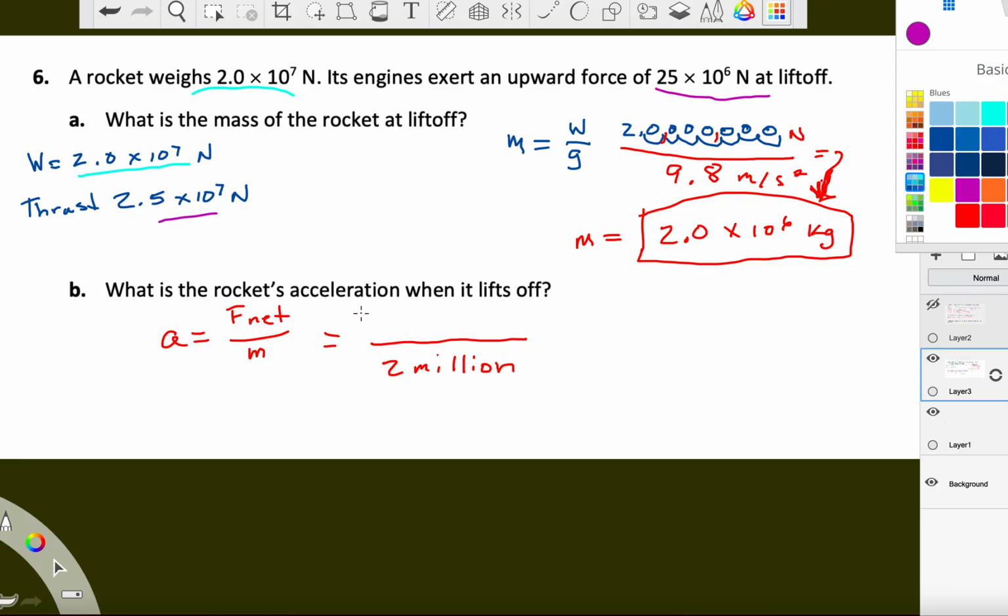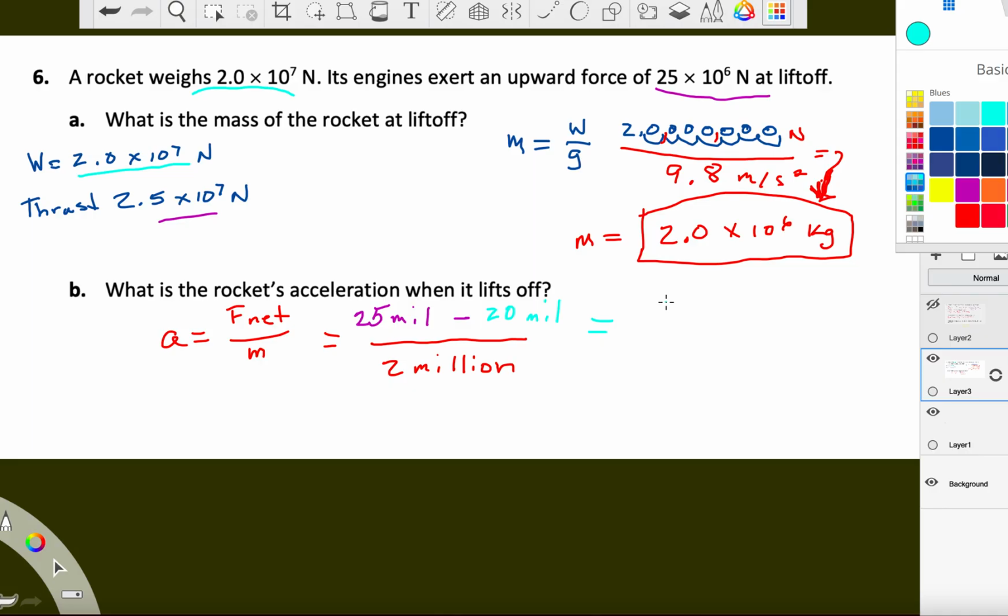So I'm going to say 25 million minus that 20 million, because that's its weight, its force, and it's trying to push down. And the thrust is greater, right? It's 5 million greater.